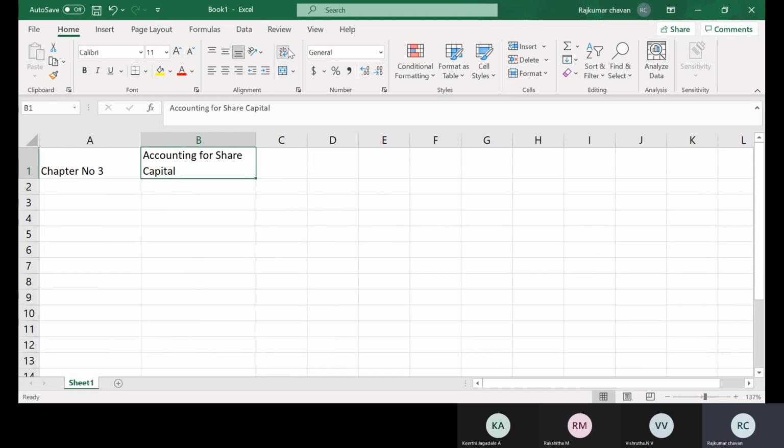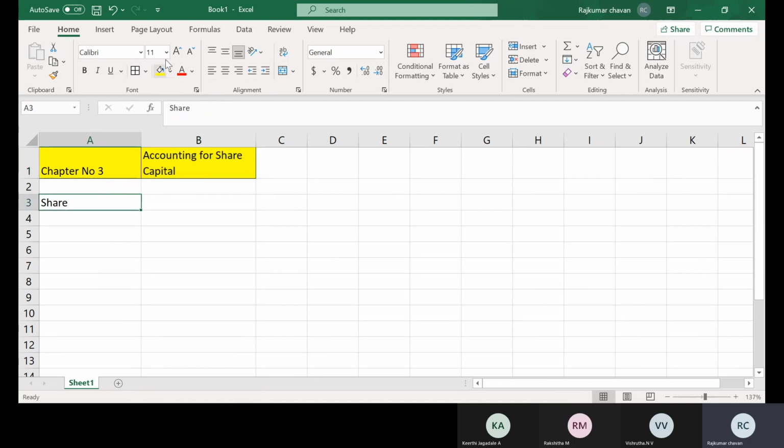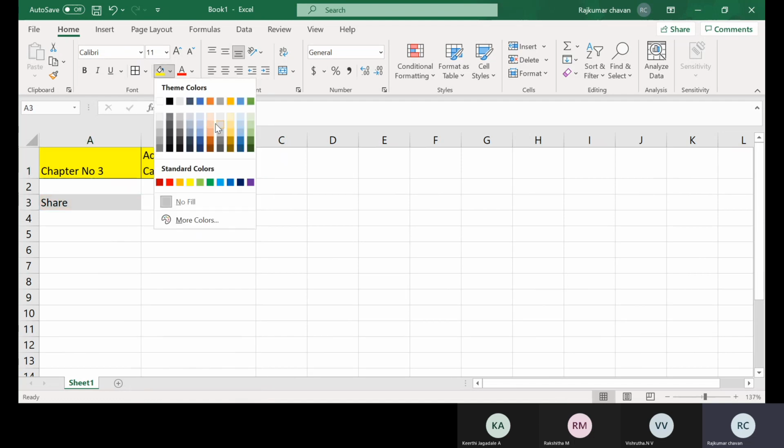This is the chapter which we are going to discuss in our class today. So let us start. First of all, you need to understand what is the meaning of share. What is basically a share and what it means according to the several acts given. So first discuss what share is all about.